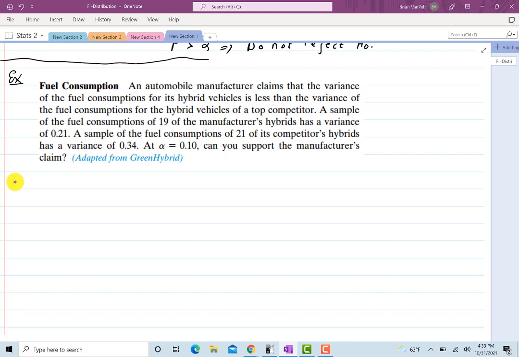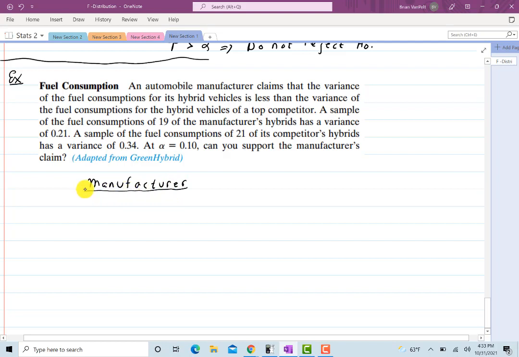So let's take a look at the manufacturer. We have N, I don't know if I'm going to call it N1 or N2 just yet, because I want to make sure that S1 is the top one. All right, so N is equal to 19 and has a variance of 0.21. So S squared equals 0.21.